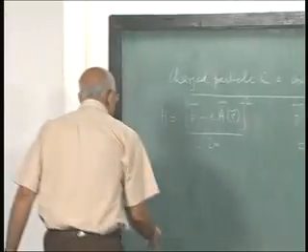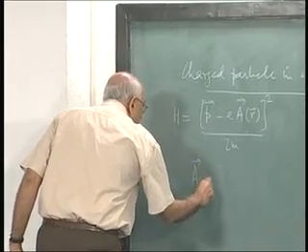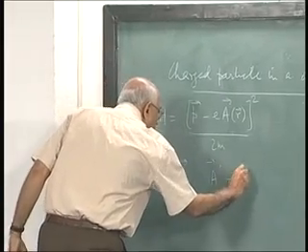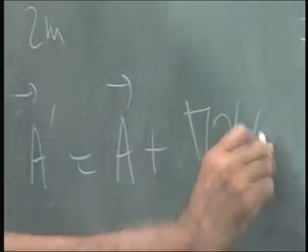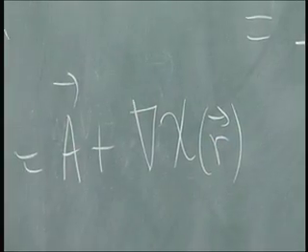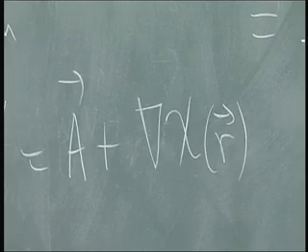The next thing we have to worry about is how to make sure that the entire thing is independent of arbitrary gauge transformations on A, because there is nothing sacred about A. I could choose, instead of A, A prime equal to A plus the gradient of any scalar function of the position, and it will not change the curl of A, which is B. So no physics is changed if I add a gradient of a scalar function to the vector potential.